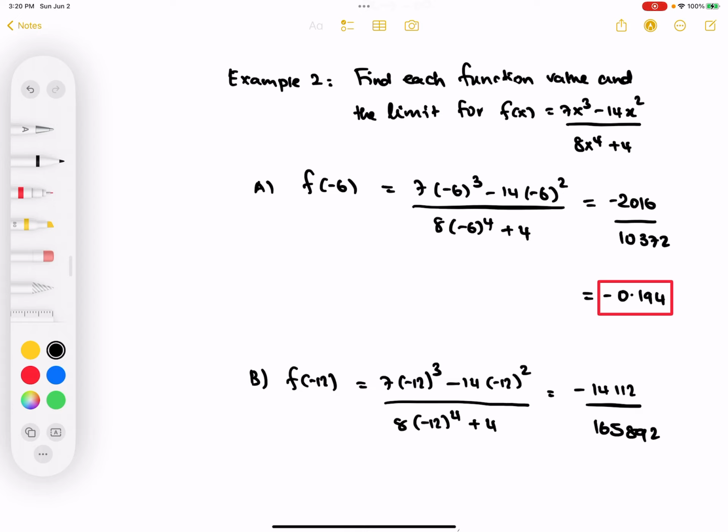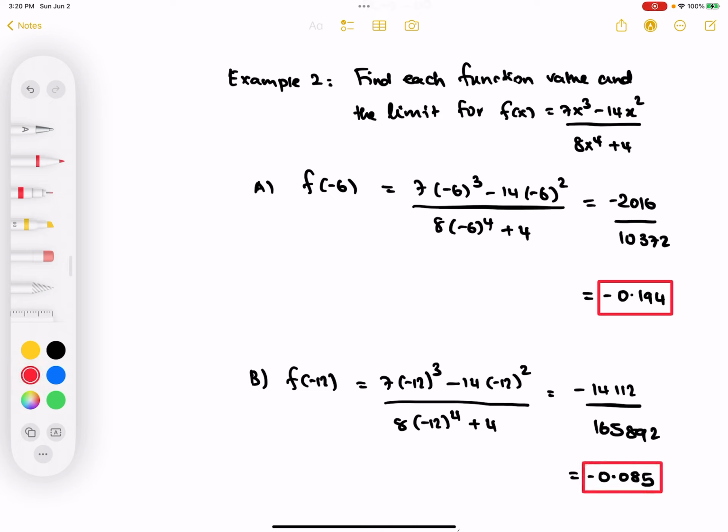So this is divided by 165,892, and the result is negative 0.085. Yeah, check this one at negative 12.